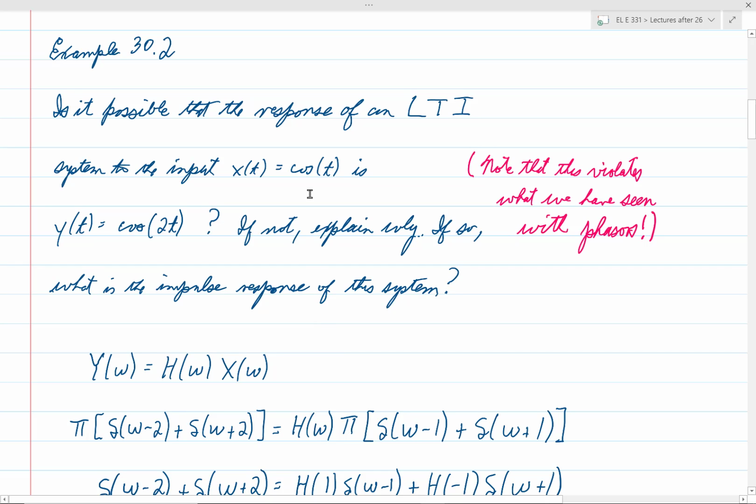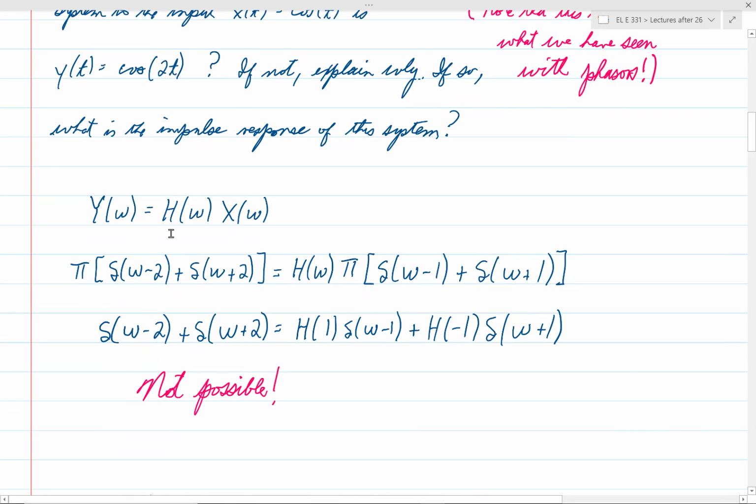But the X of omega, since x of t is cosine t, X of omega is pi times delta of omega minus 1 plus delta of omega plus 1. So if we cancel the pi's on each side and take into account that H of omega times delta of omega minus 1, this is our old principle that if we have a function multiplied by a delta function, then this multiplying function or coefficient function, we just evaluate it at the point where the argument of the delta function goes to 0.